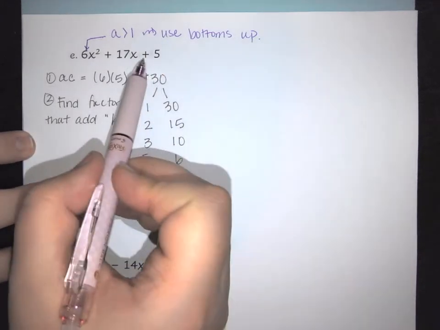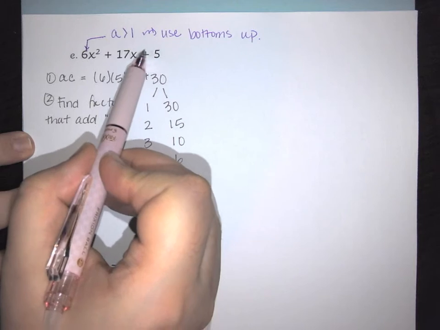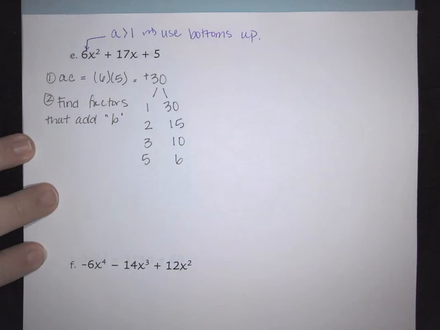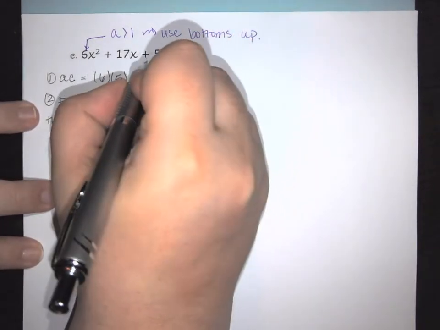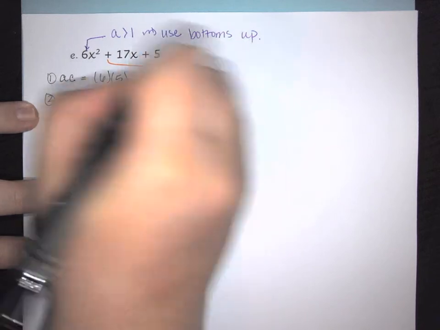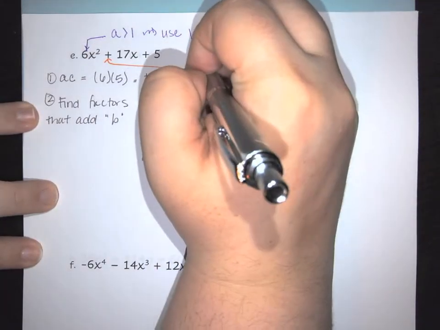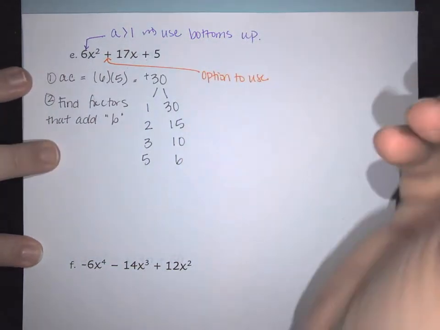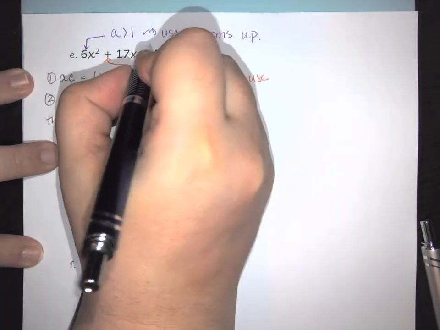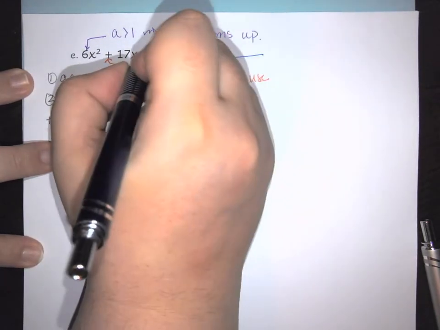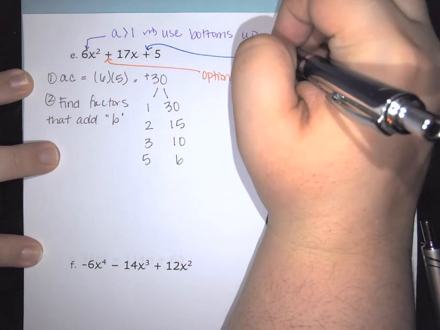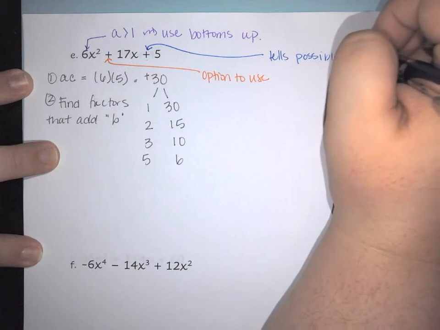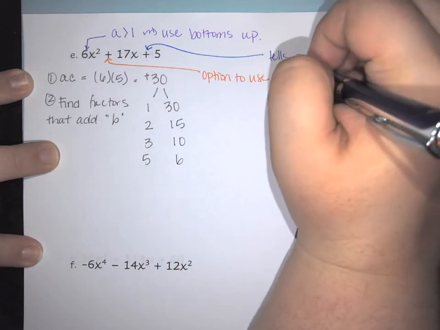So in this case, remember the back term is positive, the middle term is positive, so I need to know my options. So just like before, when we're looking at this middle term here, this tells you the option to use, whereas this back term right here tells the possible options to choose from.